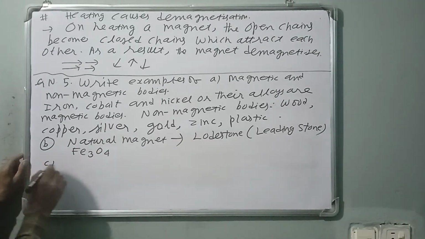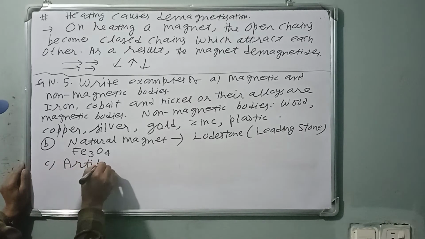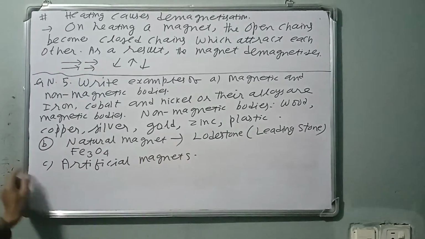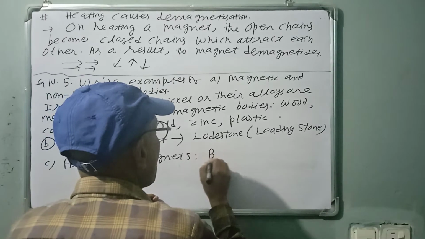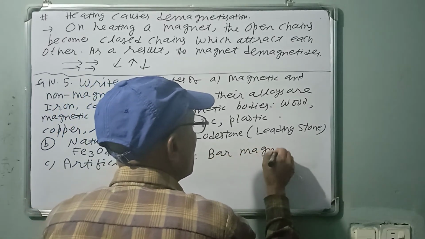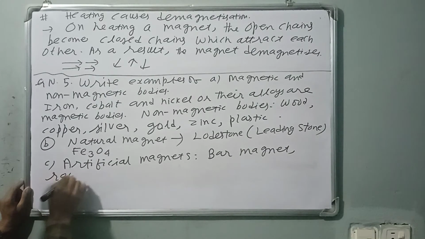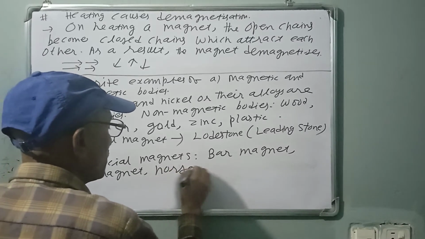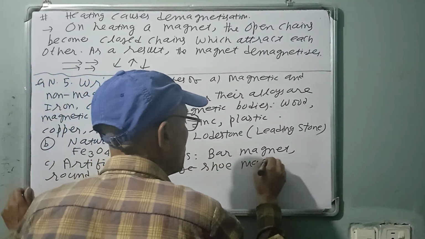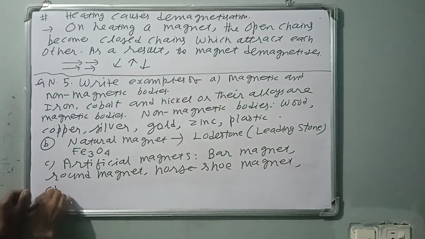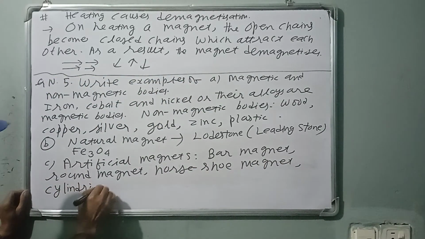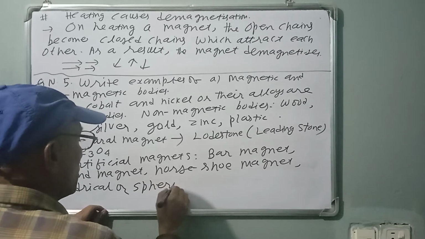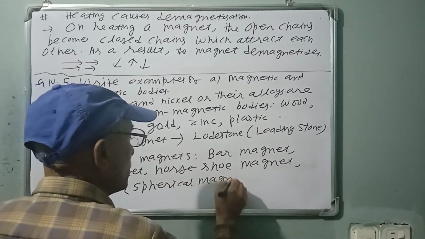In the same way, artificial magnets. Man-made magnets. Examples: bar magnet, round magnet, horseshoe magnet, cylindrical or spherical magnet.